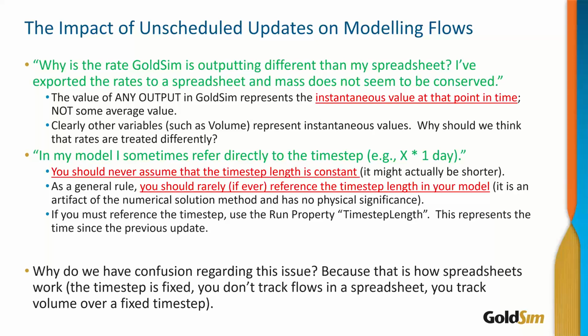It's not a rate, it's a volume. And so we're used to thinking in terms of spreadsheets, but we shouldn't build our models because of the tool that we're using. Spreadsheets don't represent rates because they can't. GoldSim is a simulation tool. It can represent rates. It can calculate rates. Let's take advantage of that.